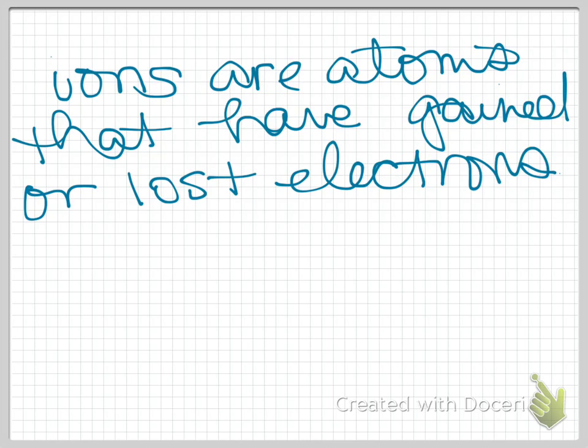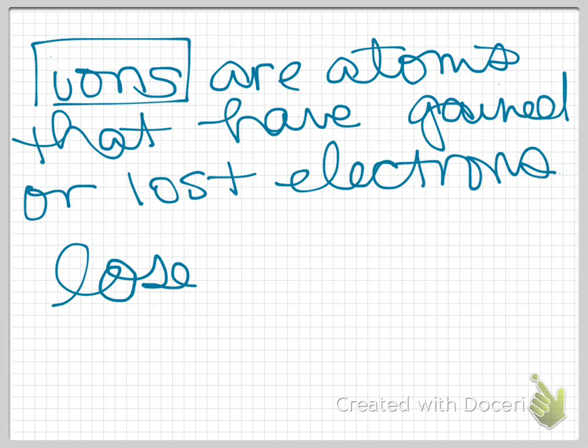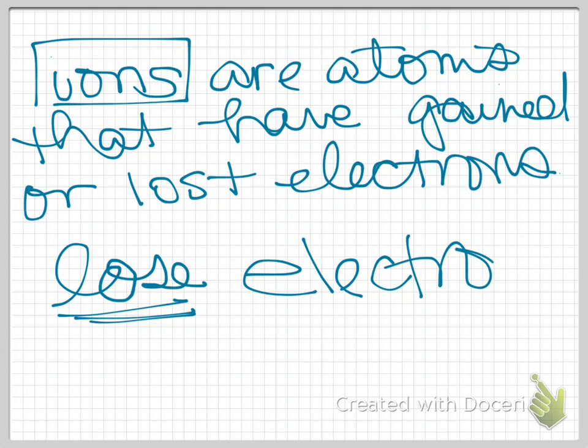So now we call them ions. And ions can either be positively charged if they lose electrons. If they lose electrons, electrons are negatively charged, so you're losing things that are negative. And if you lose electrons, you become more positive.